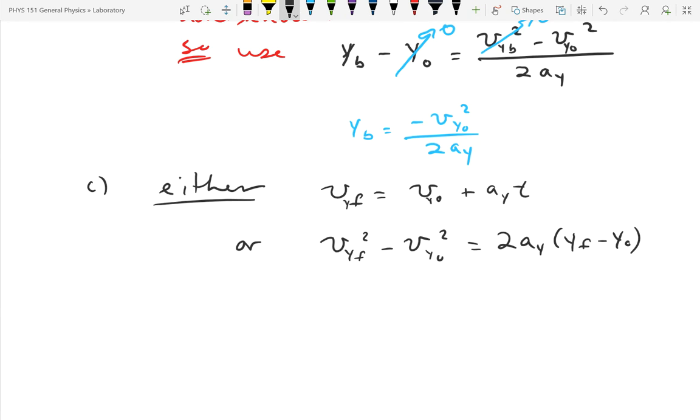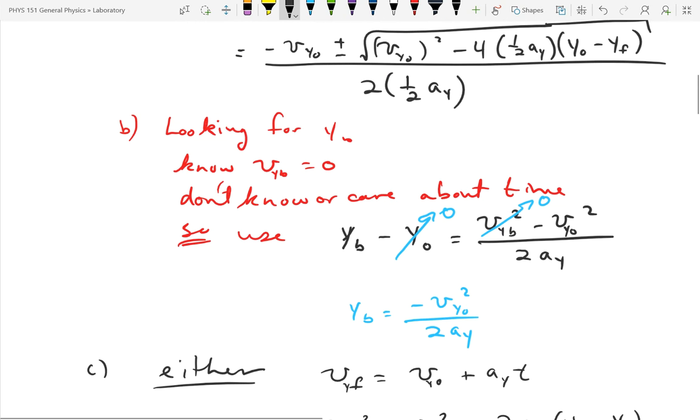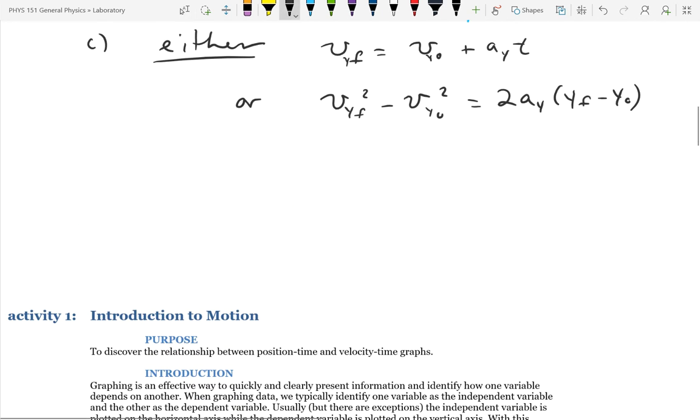Now this here is just rearranging this equation that's in black there for the thing I want to solve for. So either one of those equations can be used.